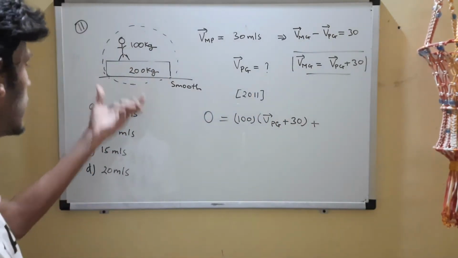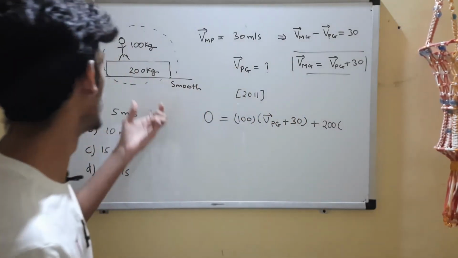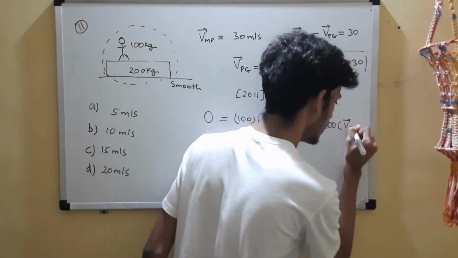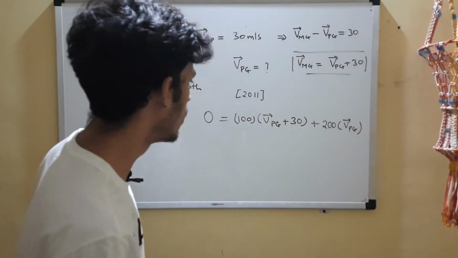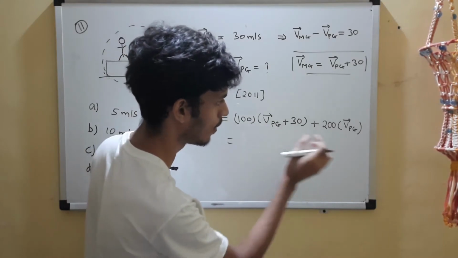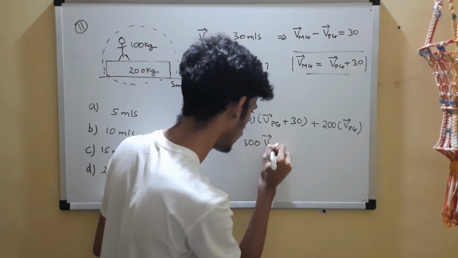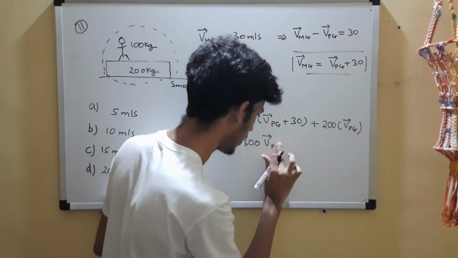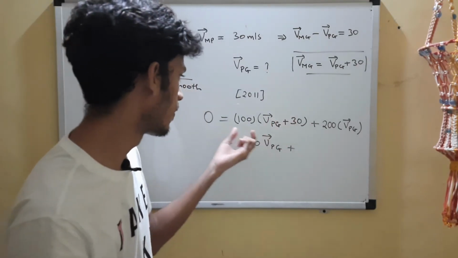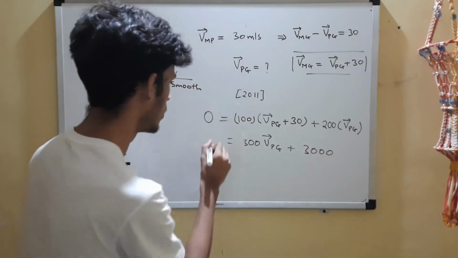And then plus this, 200 into velocity of the platform with respect to ground, of course. Now you can solve that. 100 into velocity of platform plus 200, so 300 into velocity of platform with respect to ground, plus 3000, and this is 0 over here.